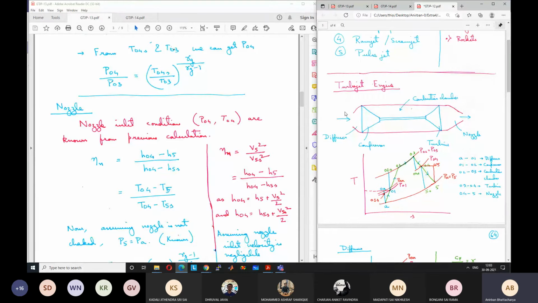It is done in a diffuser, and the air goes out from the diffuser at state 01. Then in the compressor, it gets compressed from 01 to 02. Then in the combustion chamber, the enthalpy increases from 02 to 03 at constant pressure, and then we have the expansion in the turbine from 03 to 04.